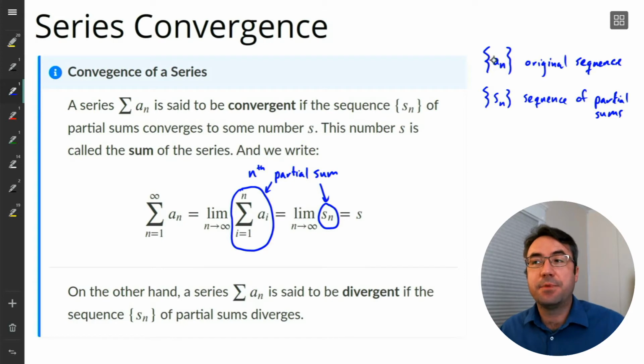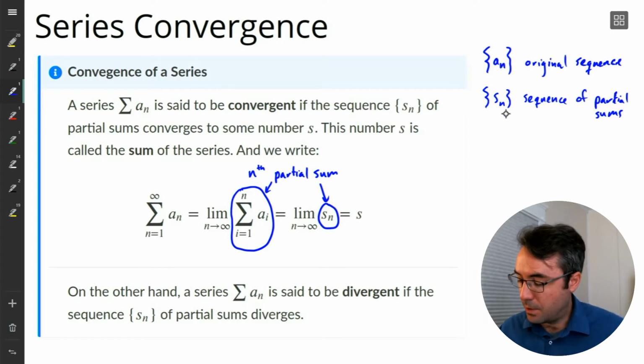So we're adding up the first n terms from our original sequence. So like S1 was A1, S2 was A1 plus A2, S3, A1 plus A2 plus A3. So S sub n, we're kind of getting in some way from our original sequence. We're just adding up some of the terms, the first few terms from this original sequence A sub n.